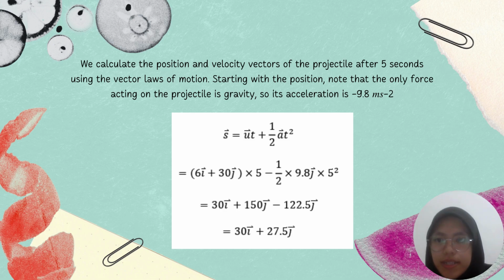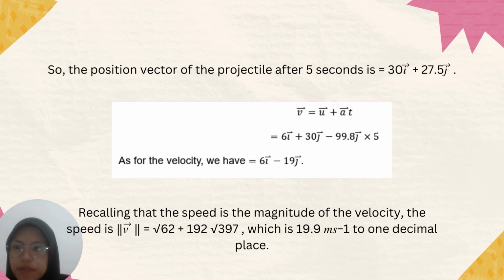So we insert the information from the question, which is (6i + 30j) times 5 minus 1/2 times 9.8j times 5 squared. We calculate the answer and we will get 30i + 27.5j. So now we know the position vector of the projectile after 5 seconds is 30i + 27.5j.